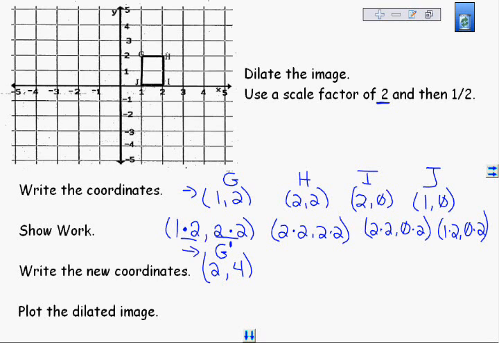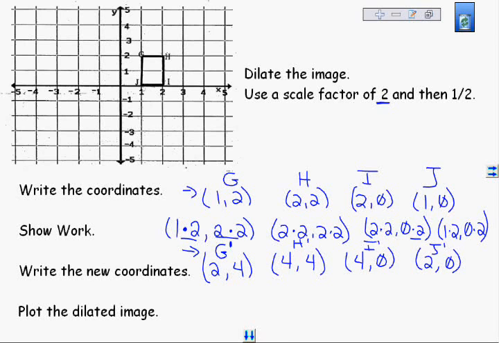Here, it's GHIJ prime. Then H, 2 times 2 is 4, 2 times 2 is 4. I, 2 times 2 is 4, 0 times 2 is 0. J, 1 times 2 is 2, 0 times 2 is 0. So I'm going to label my coordinates with prime.